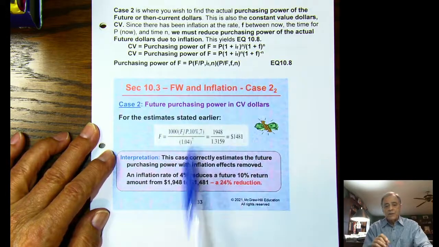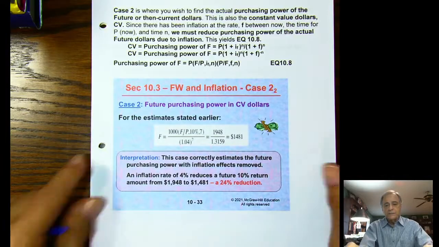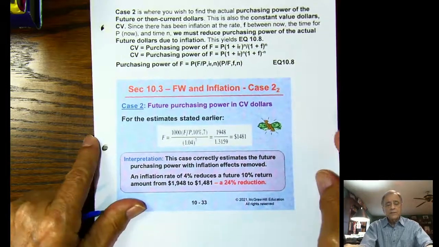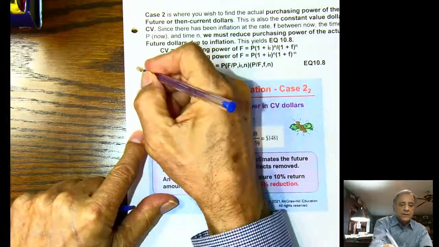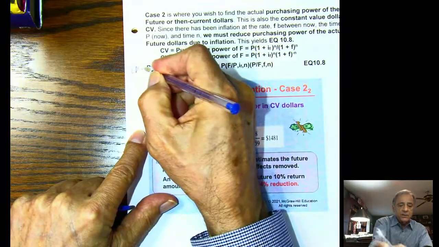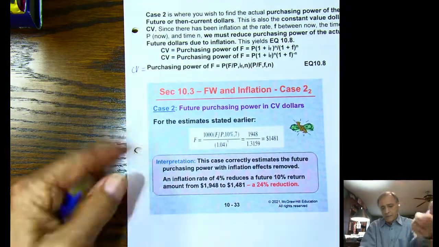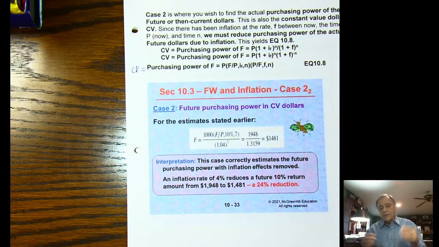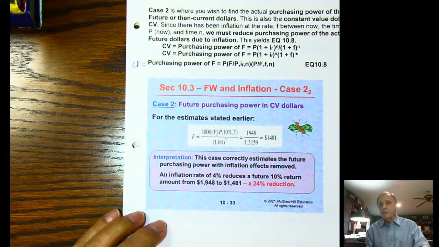So this is CV: the constant value is equal to the purchasing power of the future value.